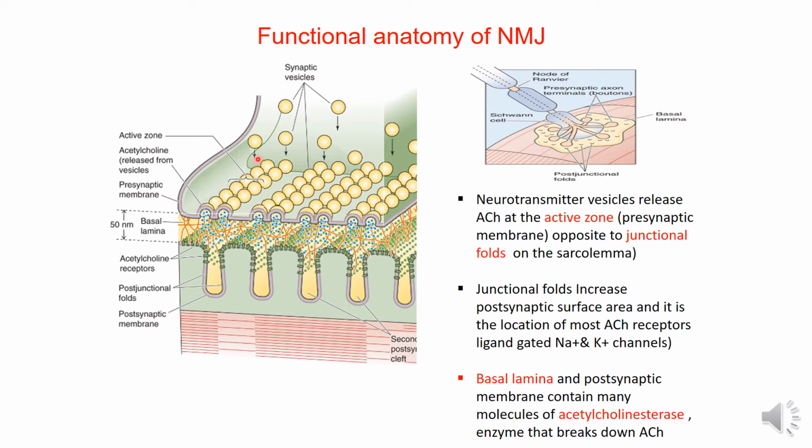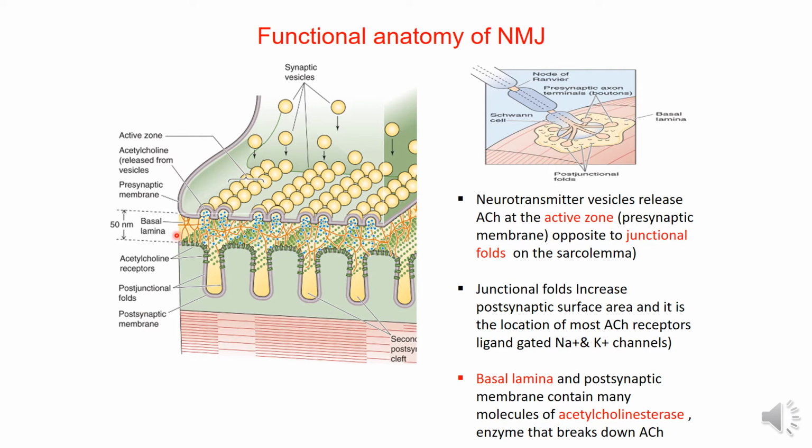The junctional folds increase the postsynaptic membrane surface area, and most of the acetylcholine receptors are located there. We mentioned them previously as the cholinergic nicotinic receptors. They are ligand-gated for both sodium and potassium channels.